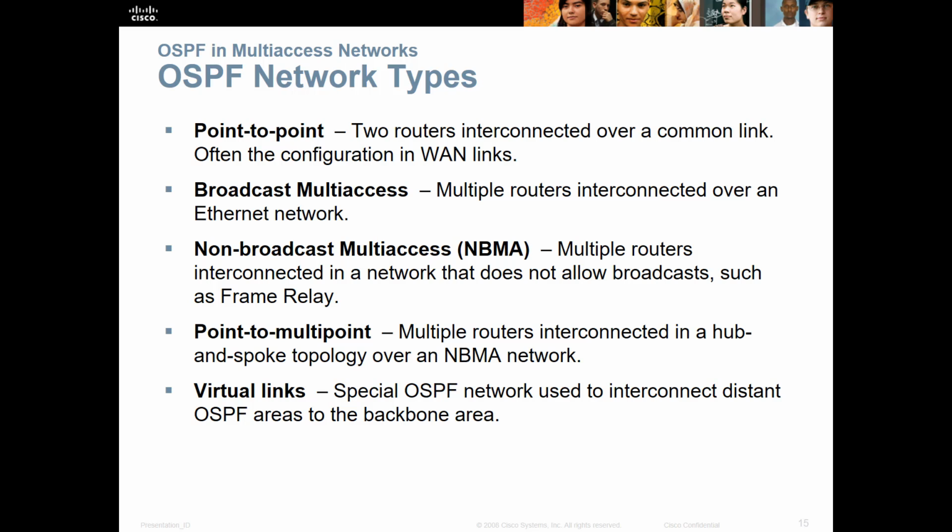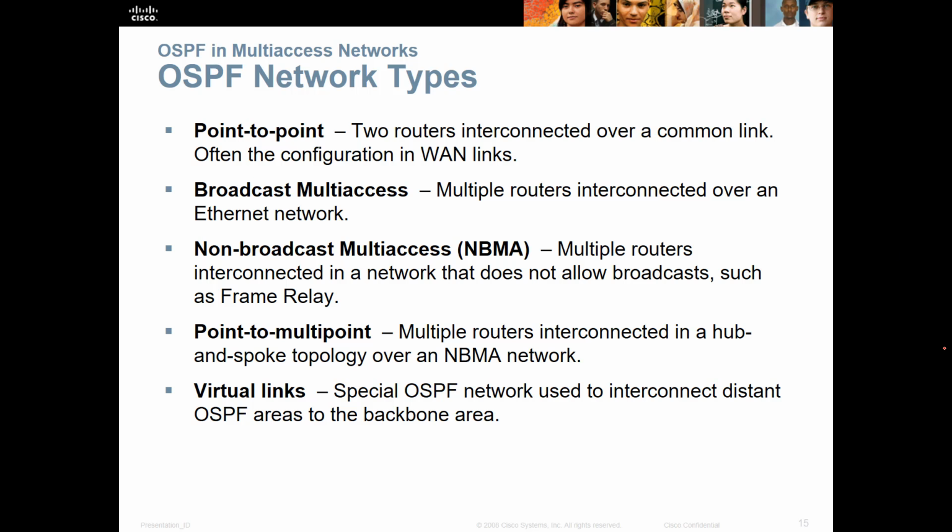We have a point-to-multi-point, that's multiple routers interconnected in a hub and spoke type topology, typically over a non-broadcast network. And then lastly, we have virtual links, which is a special OSPF network used to interconnect distant OSPF areas through some type of backbone, normally through some type of service provider or provider's edge.